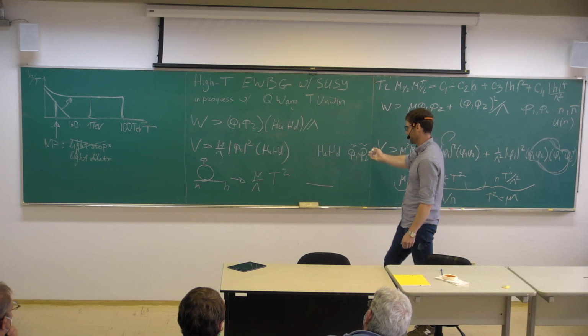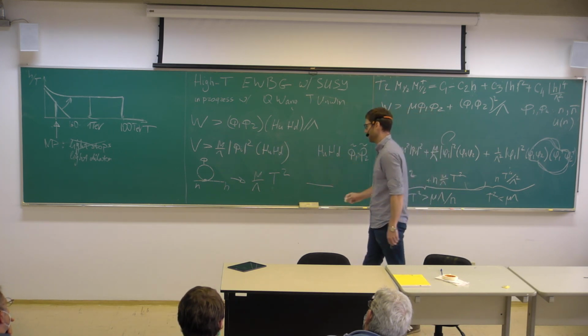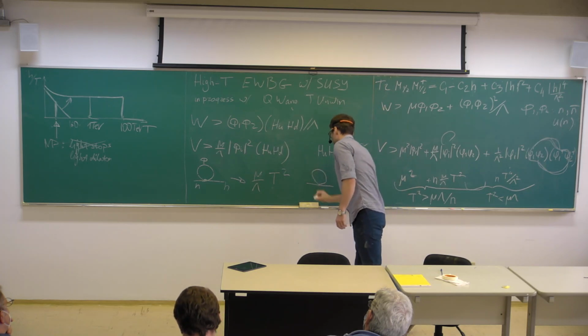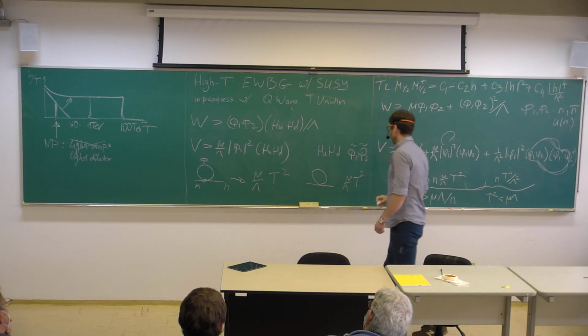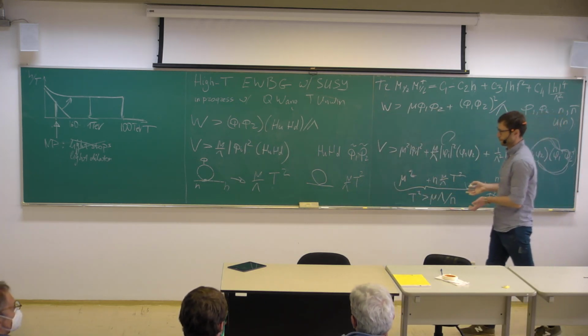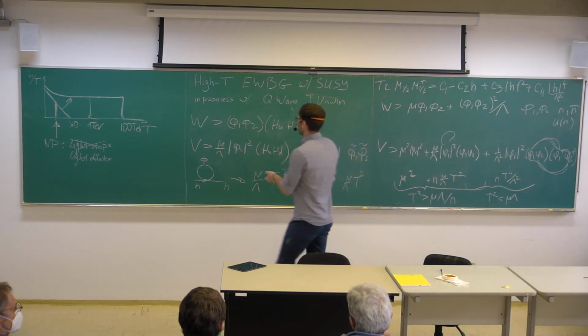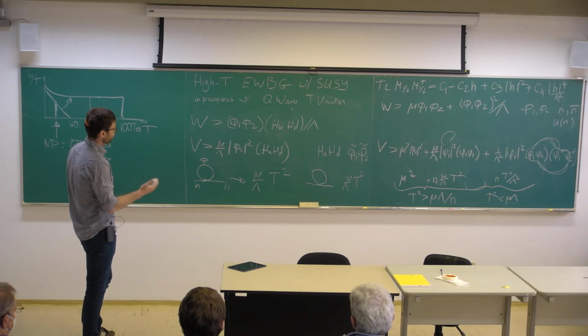They will also induce a similar correction with a slightly different numerical coefficient. This diagram, again, over lambda t squared. And the higher order effects can be suppressed if you choose large n. Okay, so that's the model for the breaking of the electroweak symmetry at high temperature.